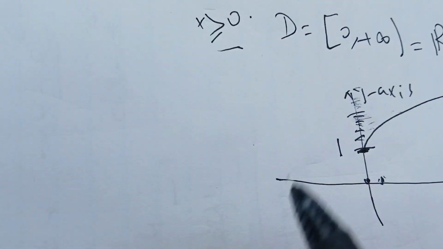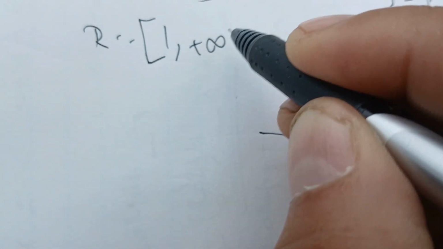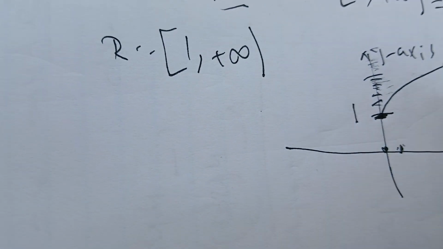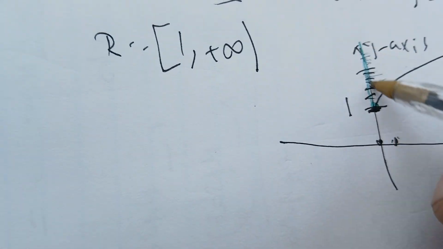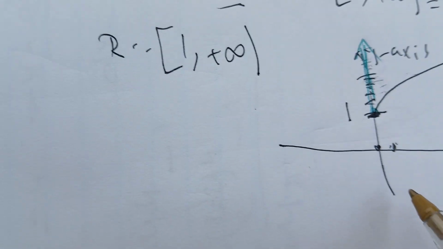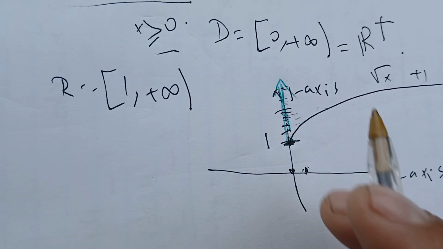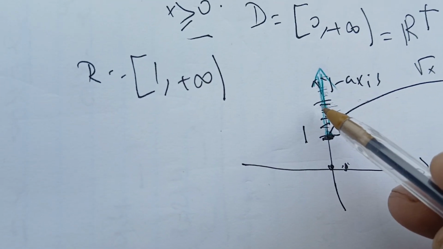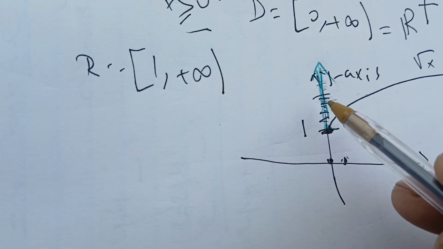So the range in this case is 1 to plus infinity. Graphically, it starts from 1 and goes up. So this is graphical reasoning giving us the range for this function.